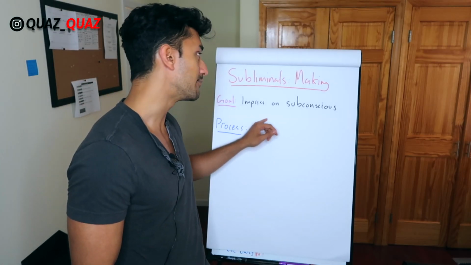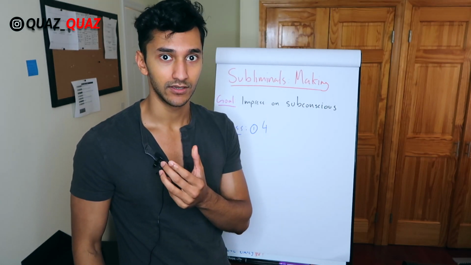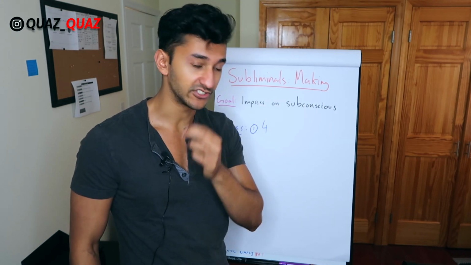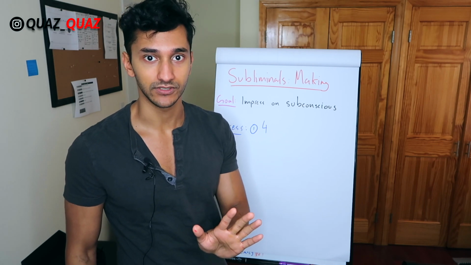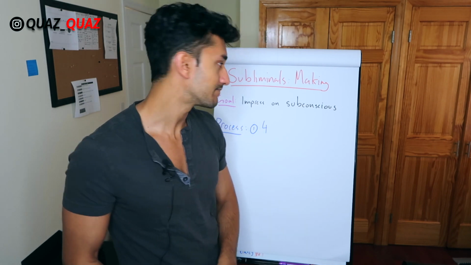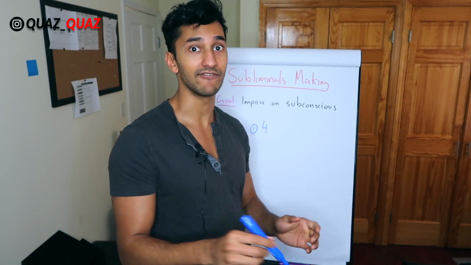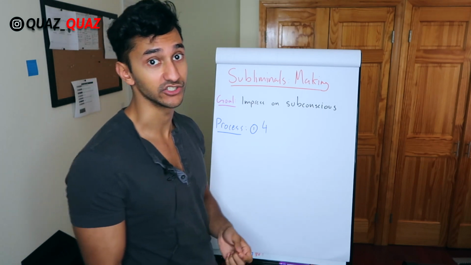So the goal of making subliminals and using subliminal messaging is to impress upon the subconscious and leave an impression on the subconscious, right? Now, this is going to be vastly different from your classical way of doing subliminals, and you'll see why. So the process is to first write down affirmations of your own.